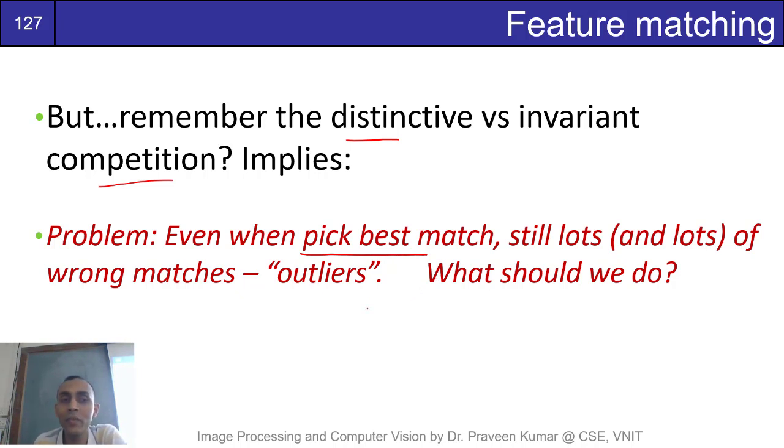When you are going to match, you cannot avoid wrong matches. There will be some outliers, either because the key point itself was not so distinctive, or it may be occluded in another image, so you could not find a good match. It will randomly land on some wrong match, and there will be any number of problems because of which you may end up with a wrong match, and that we call an outlier.